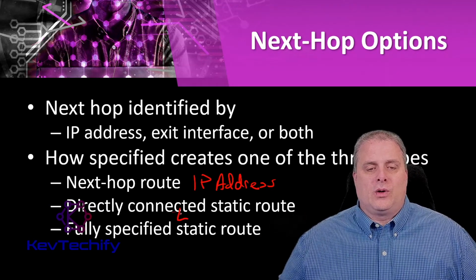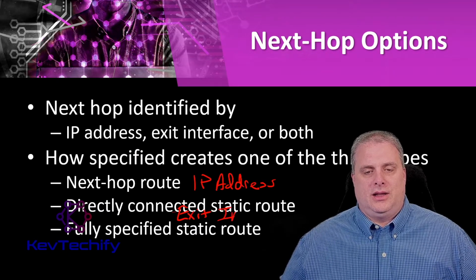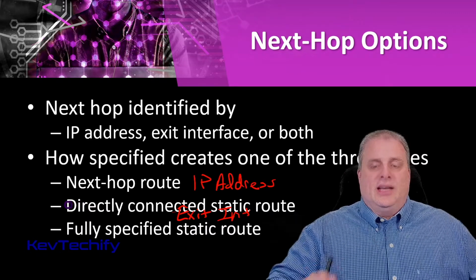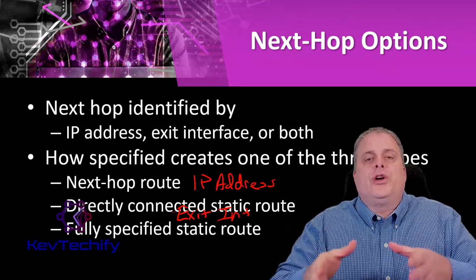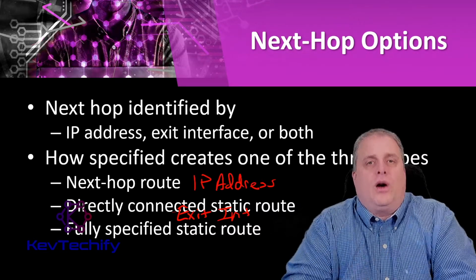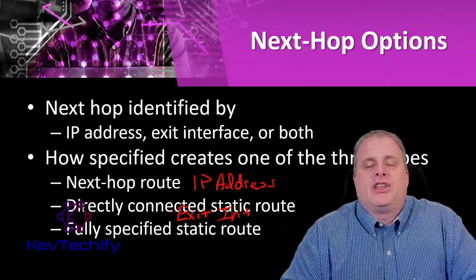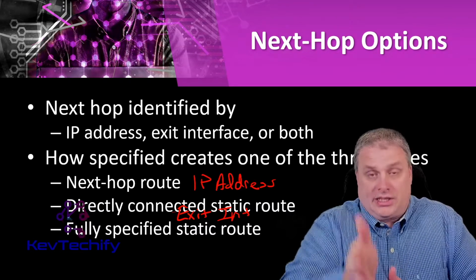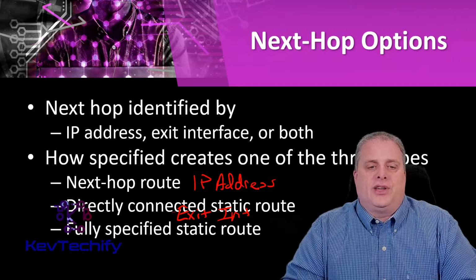When the router says we need to send it out, we're going to send it out this interface, say gig 0/0/1 or serial 0/1/0, and that's going to get it to the next router, which is connected to the other end of that connection, and that'll be one step closer to the final destination.